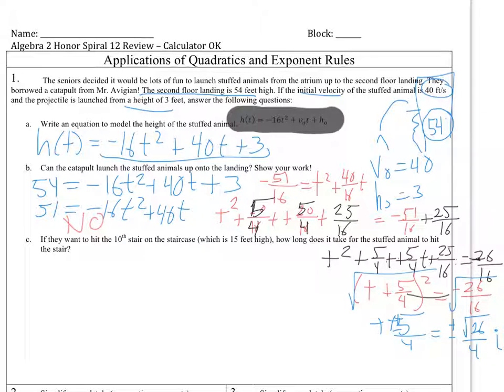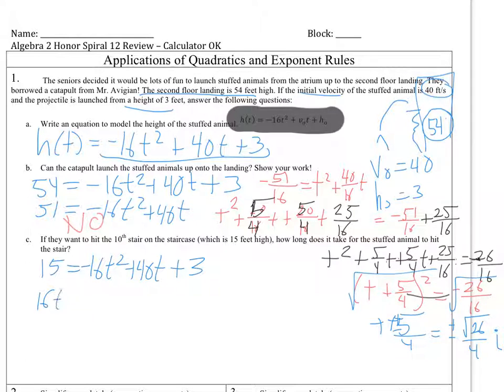Part C, if they wanted the 10th staircase 15 feet high, okay, this is doing the same type of thing. So 15 is equal to negative 16t squared plus 40t plus 3. All right, this one might be factorable. I don't like that negative in front, so I'm going to bring everything over to the 15 side.